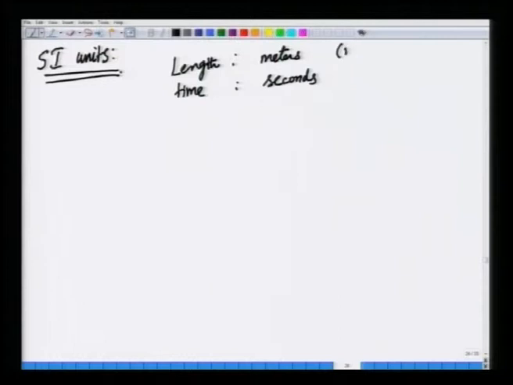The short form for meter is m, the short form for second is s, and mass is measured in kilograms. This is kilogram.